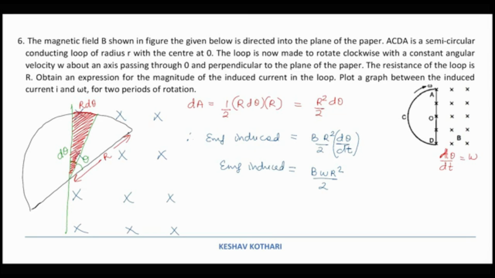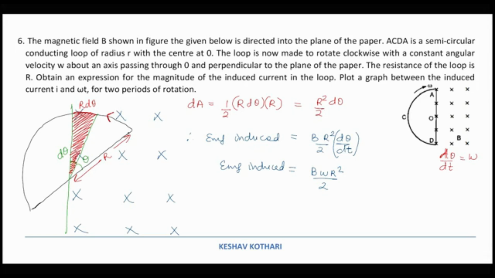Now what must be kept in mind is that as this loop is getting introduced into this region, the magnetic flux associated with this loop is increasing, so the current will be induced in the anti-clockwise sense.